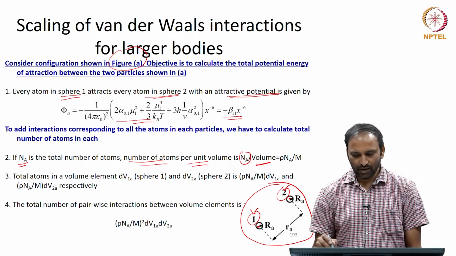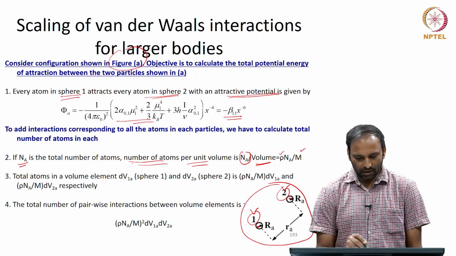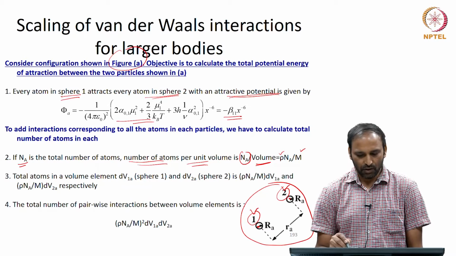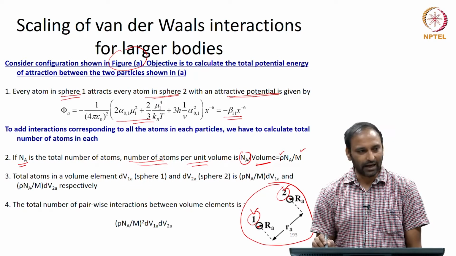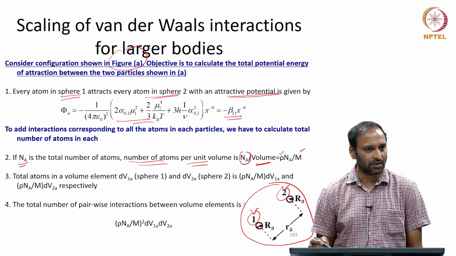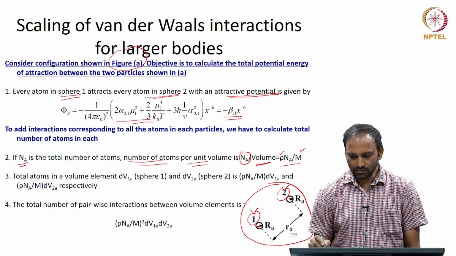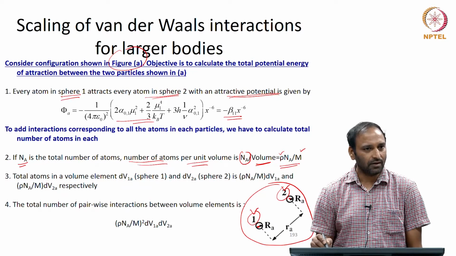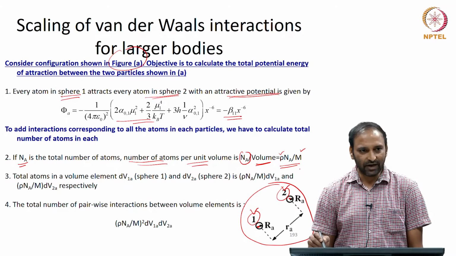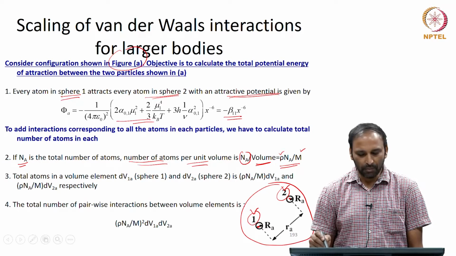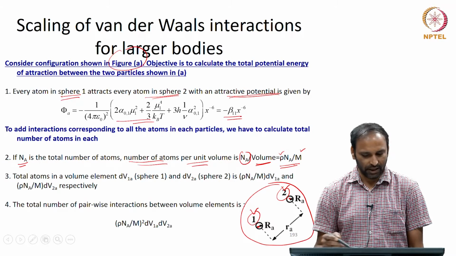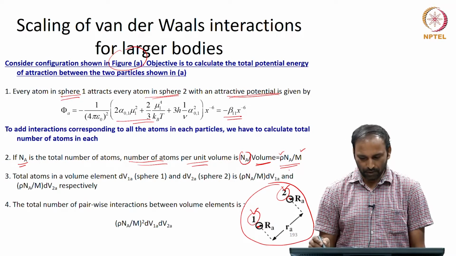I can relate volume to the density and the mass. Therefore, the number of atoms per unit volume is given by rho N A divided by m. Is it okay? N A, the total number of atoms, divided by the volume of the particle will give you the number of atoms per unit volume.